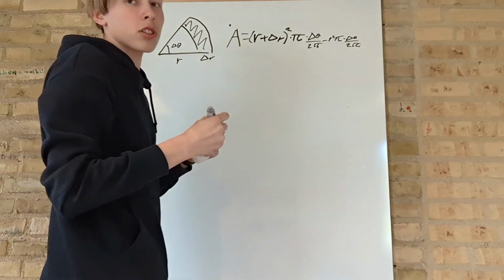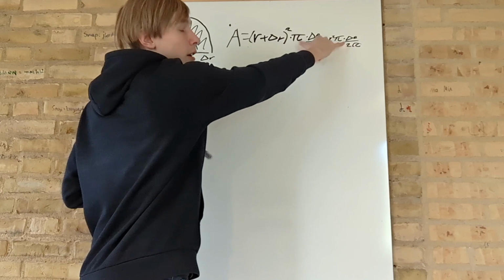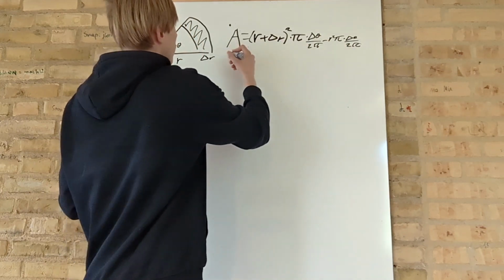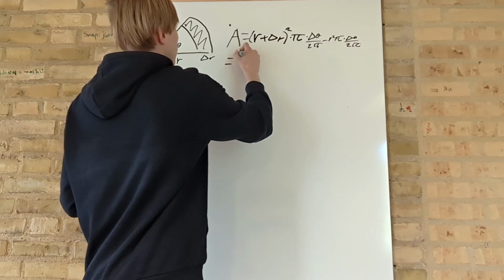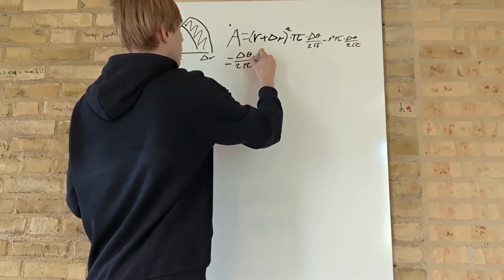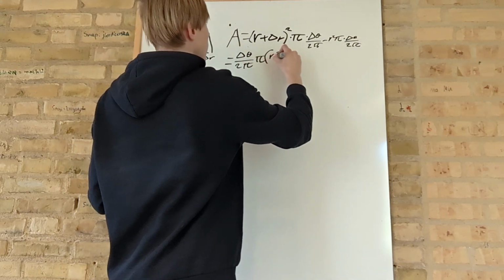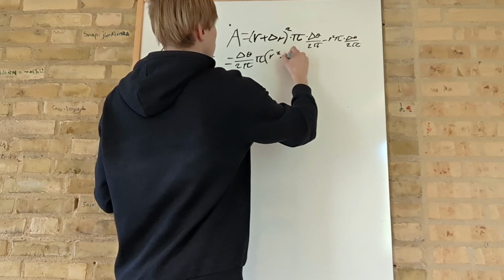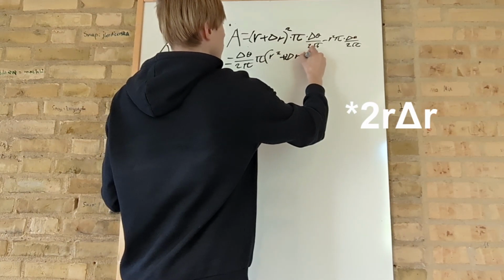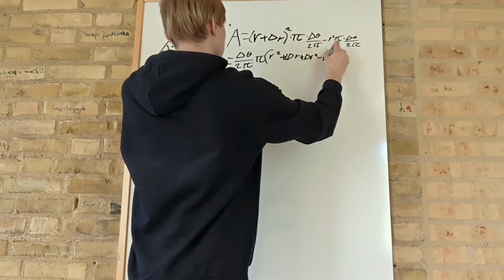And now, because these match, we can factorize them out and then expand this, which will give us the delta theta over 2 pi and then r squared plus 2 r delta r plus delta r squared minus r squared.